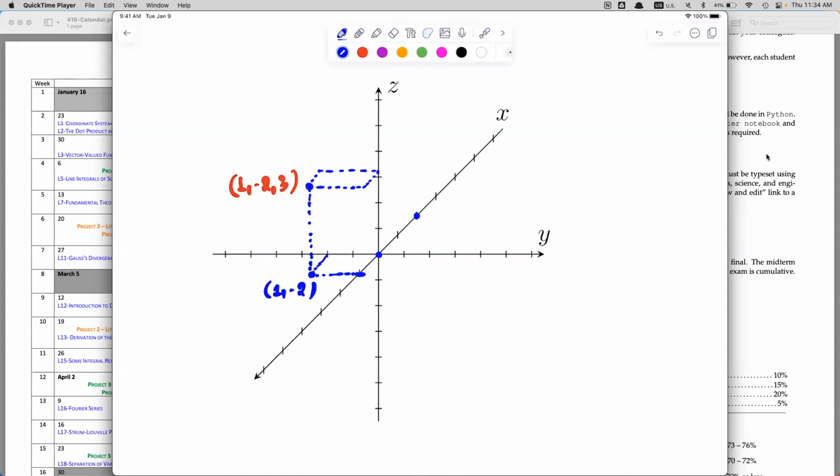So you go to the right. Right, so you add the point -2, 3 on the XY plane.